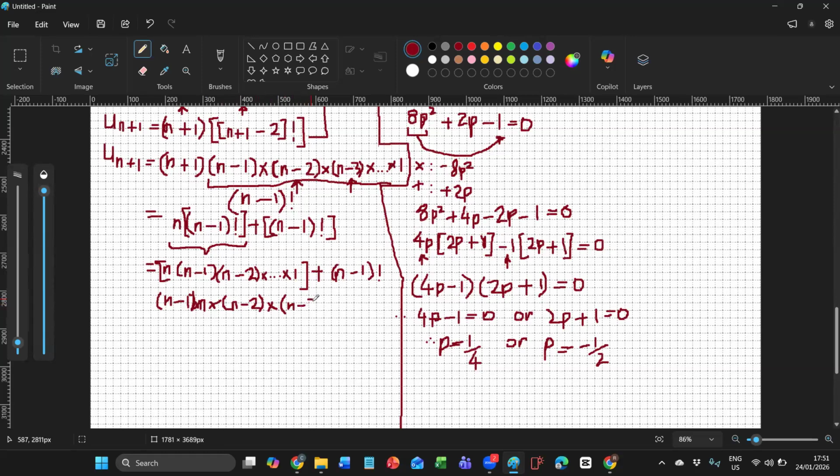But I don't really have that luxury of space. So I'll just put times dot dot dot times 1. Okay. And then do my plus n minus 1 factorial.